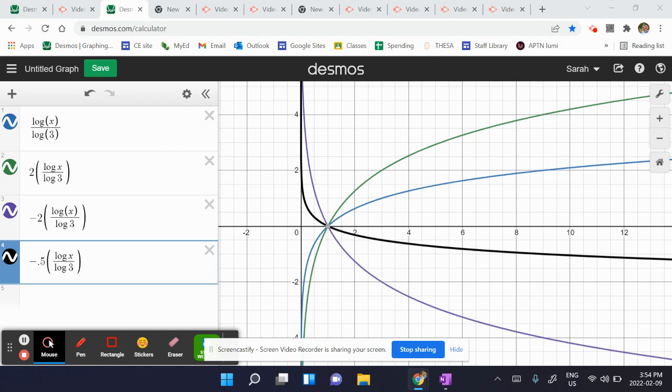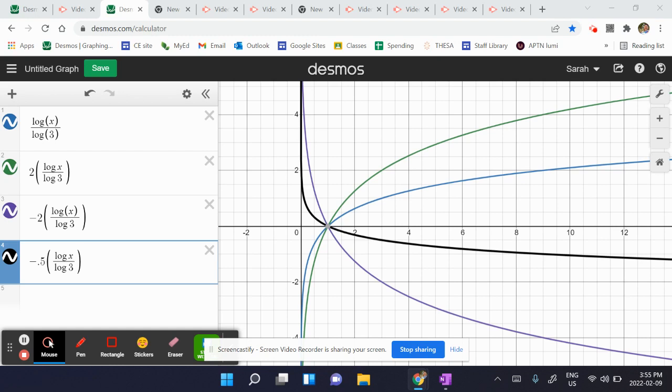It changes nothing on all four of these graphs for the domain. For the range, y is still equal to everything. Doesn't change anything. The x-intercept doesn't change a thing. For all of these graphs, they go through x equal to 1. There is no y-intercept for any of these, so it changes nothing. The asymptote also changes nothing.